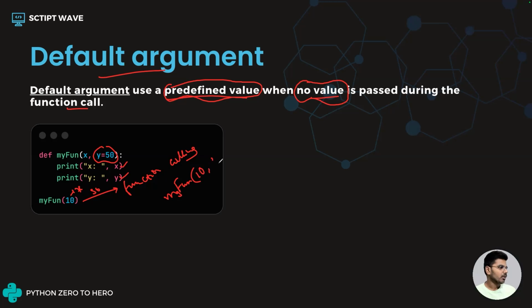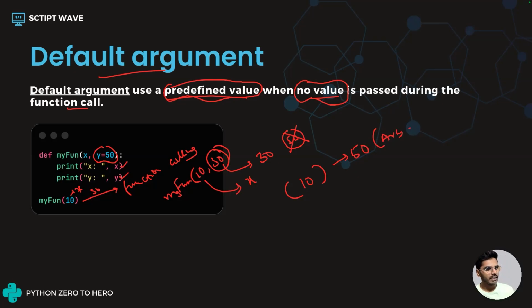In that case, 10 will be given as x and y will be 30. Here we are not using 50 because we have passed an argument. If we leave it empty and give only 10, then y takes the default value. So this is the story of default arguments.